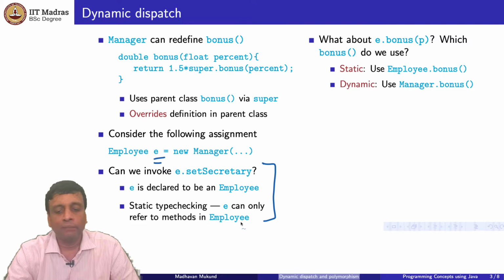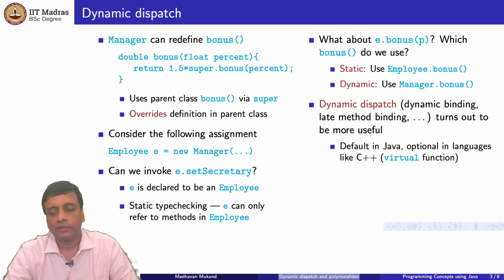However, if we are able to go past this and look at the dynamic status of the object, then we would rather use the bonus in the manager. So which of these do you think we will use? Java actually uses this notion of dynamic dispatch, right?